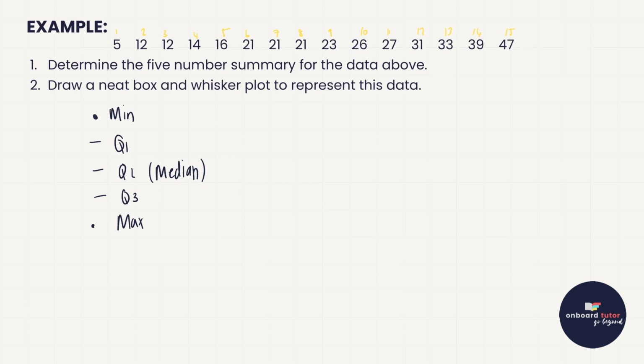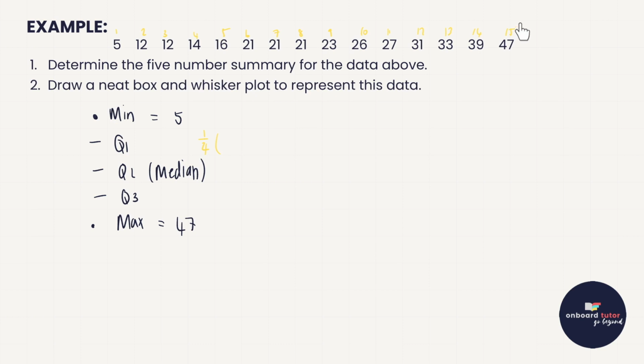So to get the minimum, I just look at my data and I can see it. The smallest value there is 5. To get the maximum, the largest value there is 47. Now, to get each of these other ones, I need to first of all work out where they are located. So a quarter times n plus 1.